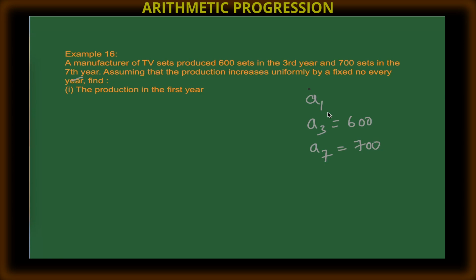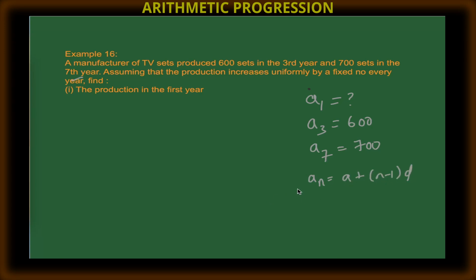Do we know a1? No, we don't, but we know a3 and a7. In a sequence, if we know certain other numbers, we can easily identify it. How? We have the formula an is equal to a plus n minus 1 into d.